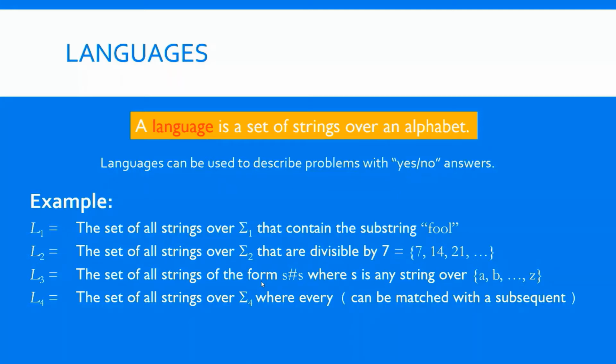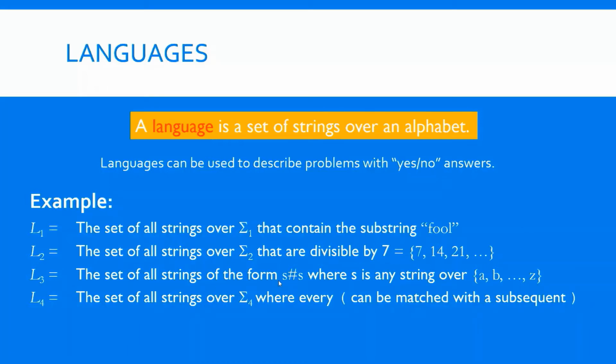You collect all those strings in this form, S has S. That is the language which we are calling L3. It's an example. Next we will discuss how to solve this problem.